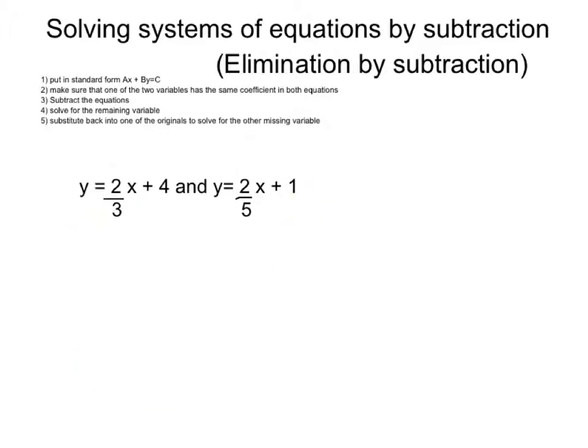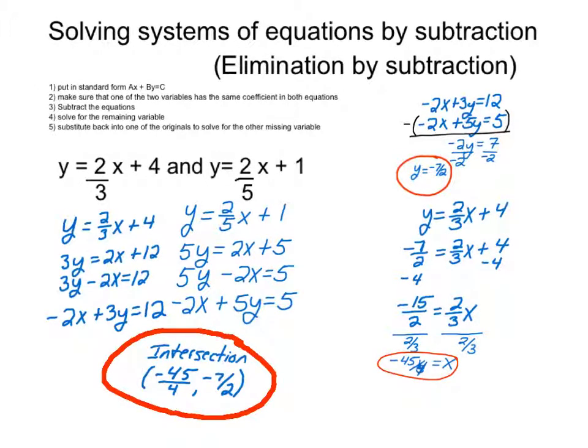Now it's your turn. Here's a system of equations. Please solve by subtraction. Please pause the video while you complete the problem. Here's the solution.